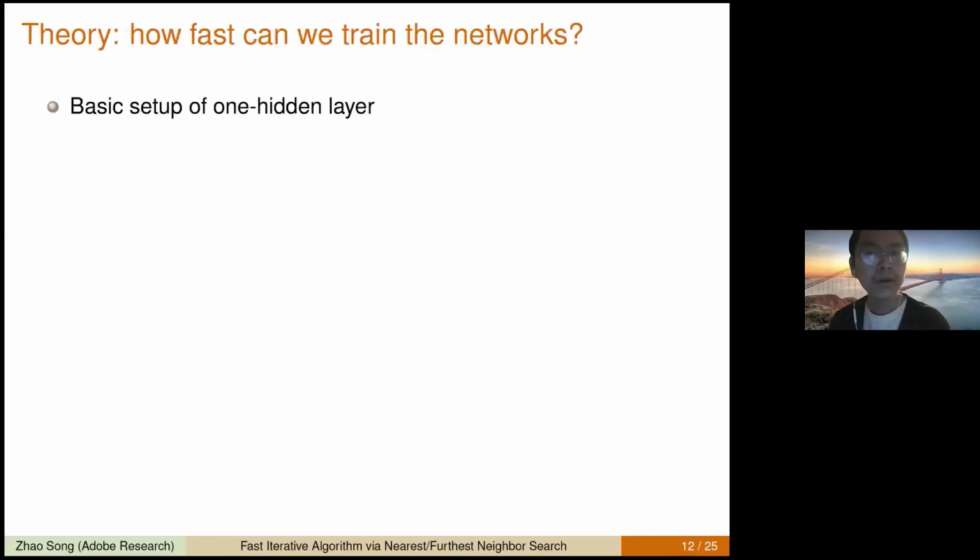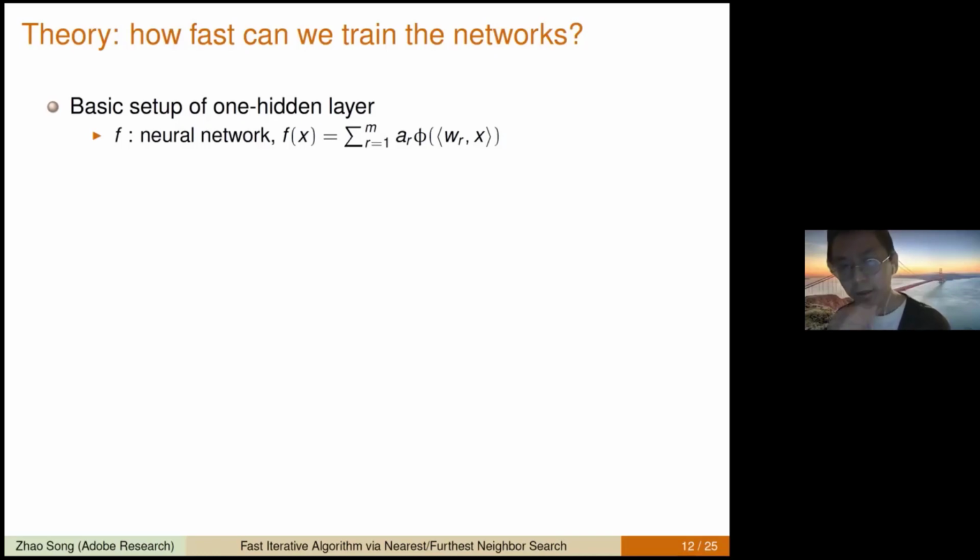So now I will give you some very basic setup of a one hidden layer neural network. Say f is a neural network function, and f(x) here is on just one image, and m is the width of the neural network. w_r is the weight between the input layer and the hidden layer, and a_r is the weight between the hidden layer and the output layer.